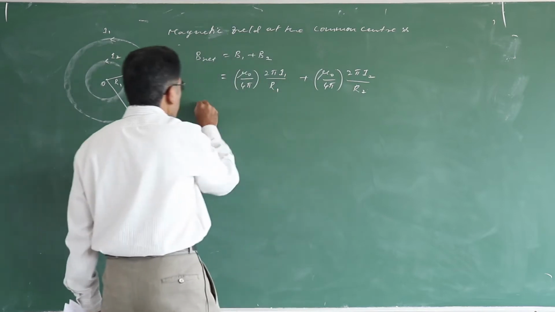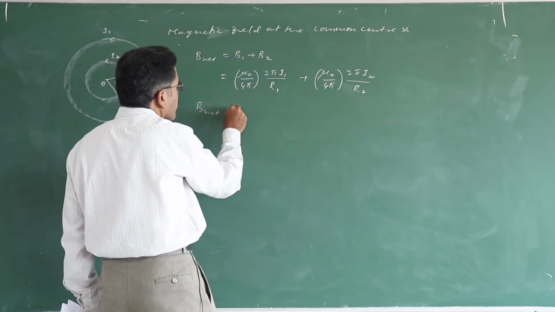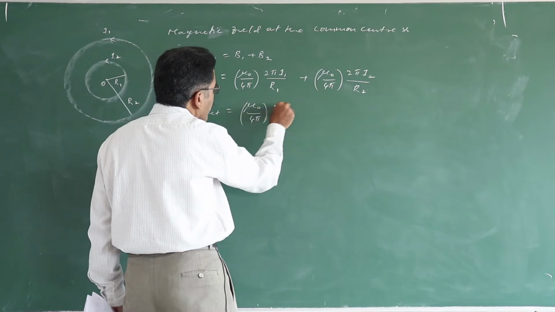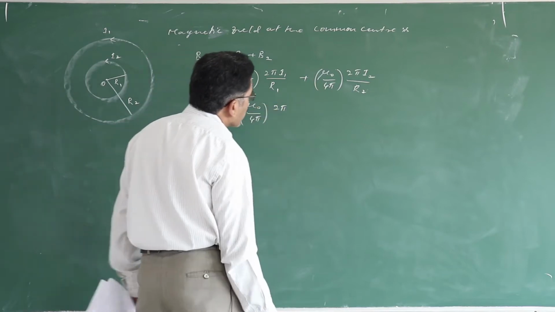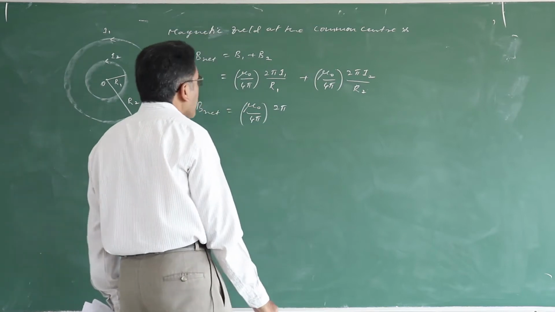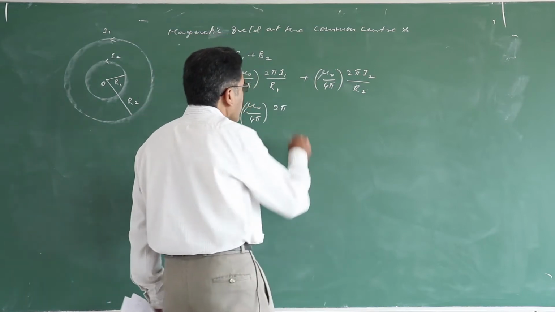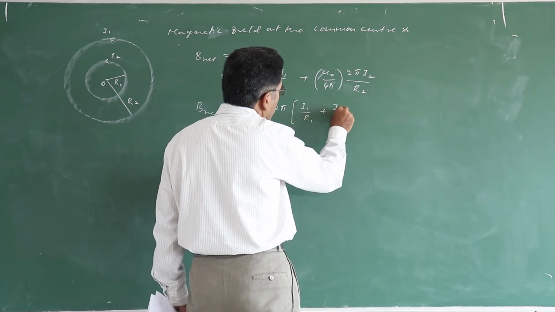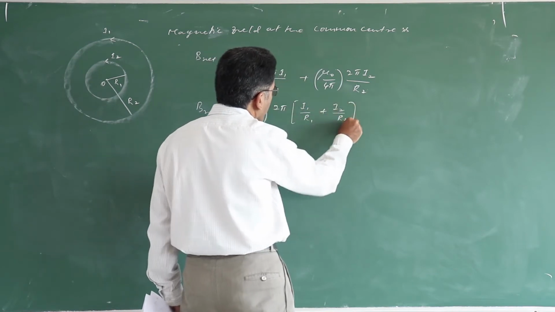So therefore the net magnetic field is mu naught by 4 pi, 2 pi, I1 by R1 plus I2 by R2.